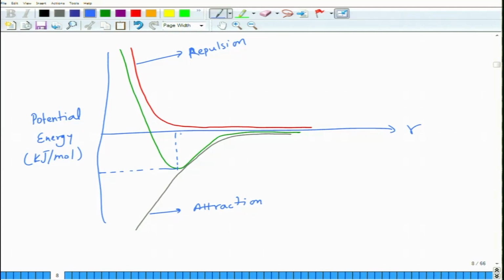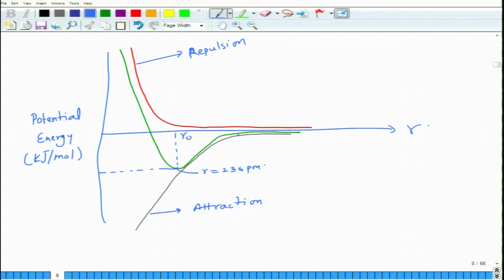So this is the potential energy minimum, this is the equilibrium separation R naught, which is nearly 236 picometer approximately. You can see that higher distances give you higher energy. So at this distance you have lower energy.